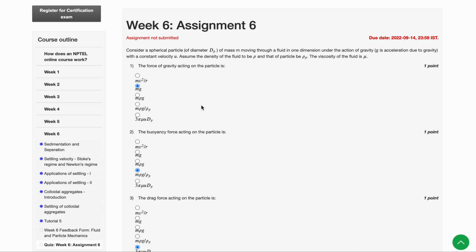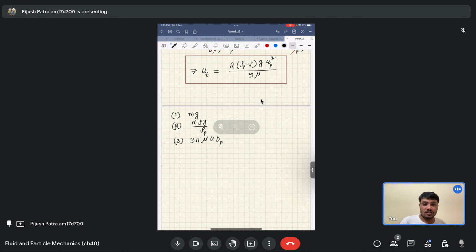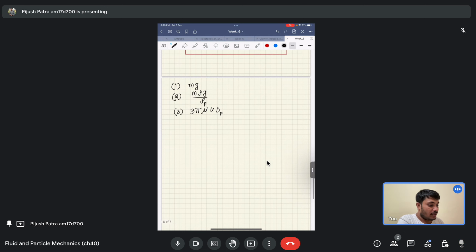Question number 3 is 3 pi mu u into dp. Fine. So these are the 3 answers. Now I'll go to the question number 7, another question.